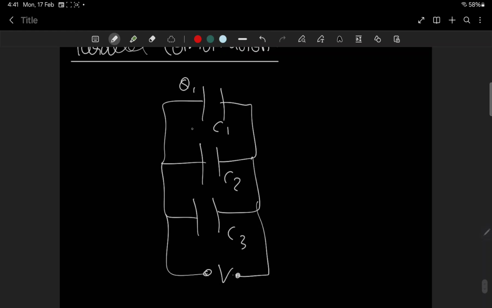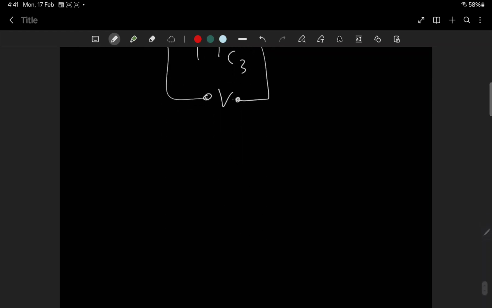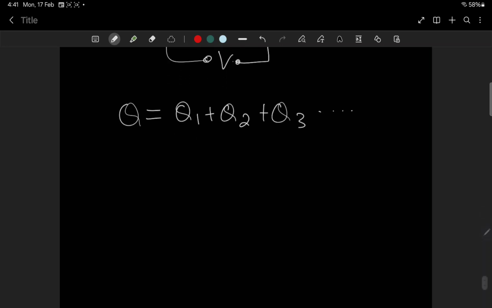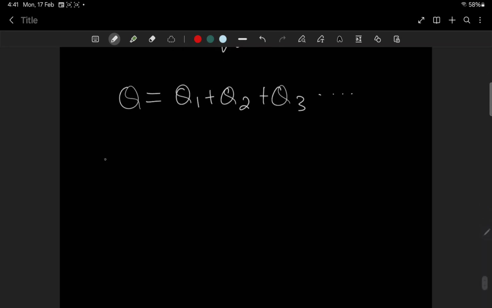Here the charge is different because the current is different, but V is the same. So what can we write? Total charge is equal to Q1 plus Q2 plus Q3 and so on. You know that Q1 can be written as C1V, Q2 can be written as C2V, etc.